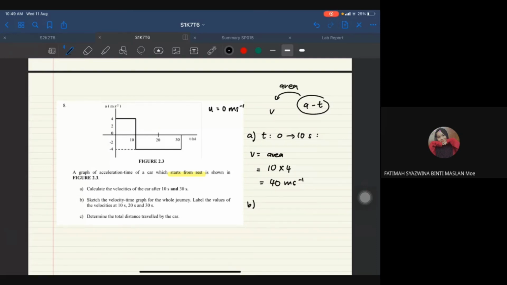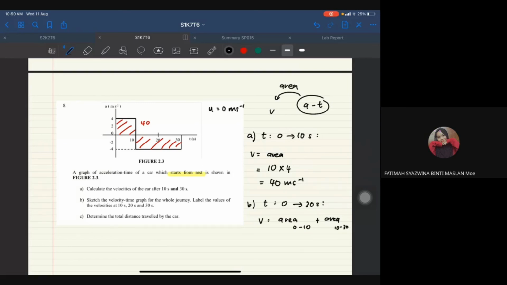So again, T now from 0 to 30 seconds. So you still have to consider all the area. So area ni, in this case, dia terbagi kepada dua lah. Satu from 0 to 10, and then you have to add with area 10 to 30. Yang atas ni kita dah kira, which is 40, and then yang bawah ni that kita akan kira lah.